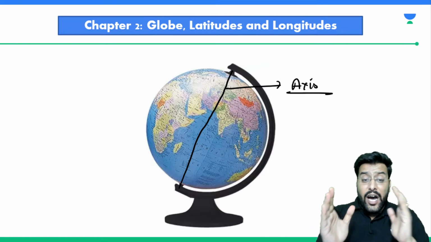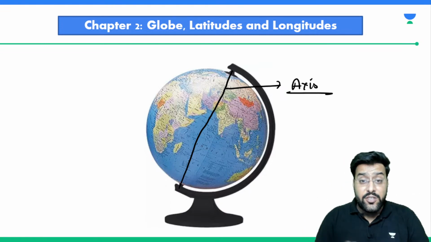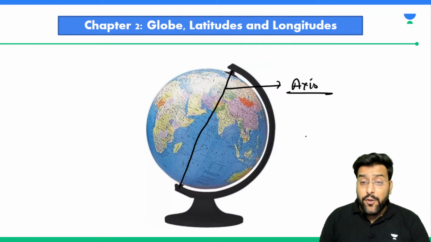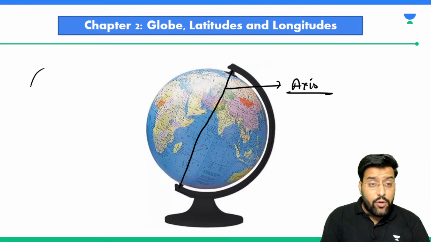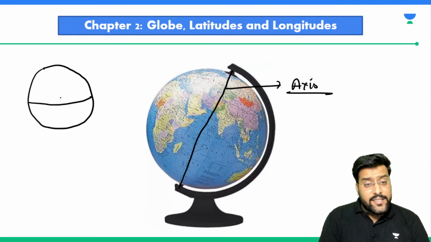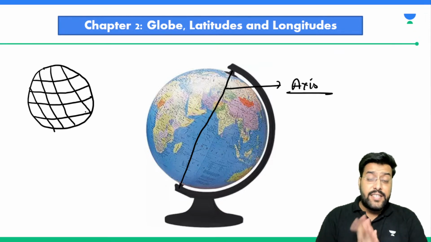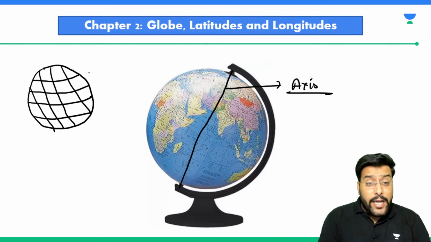If you start watching that globe, you will find various continents and various countries, and apart from those, on the globe you will find two sets of lines. One set of lines goes like this, and there is another set of lines which goes the other way around. Have you ever seen this thing? There are two types of lines.